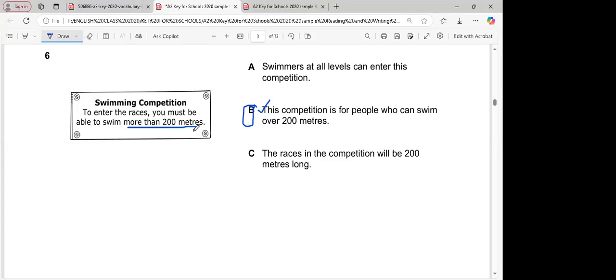Because it's for the people who can swim over 200 meters. Yeah, over 200 meters. Very good. It's mentioned over 200 meters, something similar to more than 200 meters. To enter the races, you must be able to swim more than 200 meters. Same idea. This competition is for people who can swim over 200 meters.